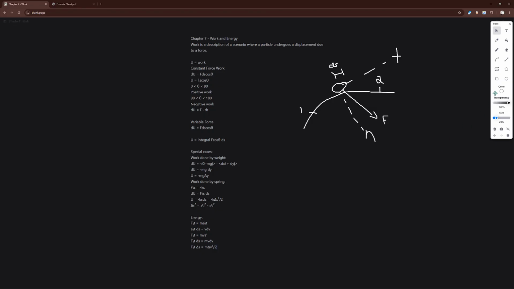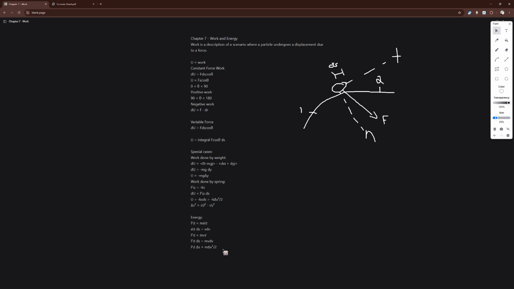Half m v squared is our kinetic energy, which you should recognize from old physics. You can get rid of the delta and write it as half m v2 squared minus half m v1 squared, which is kinetic energy 2 minus kinetic energy 1.